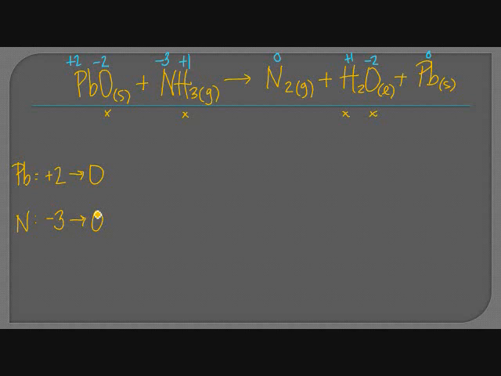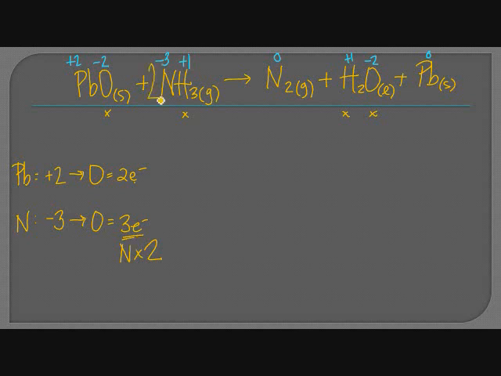Now, looking at how many electrons are transferred, there are 2 electrons in the lead, and there are 3 electrons in the nitrogen being transferred. So we want to make sure that we have a total of -6 and +6 to help balance that out. So to get to be a -6, what we will do is we are going to multiply the nitrogen times 2 because it's a 3 and we want it to have a total of 6, -6 charge.